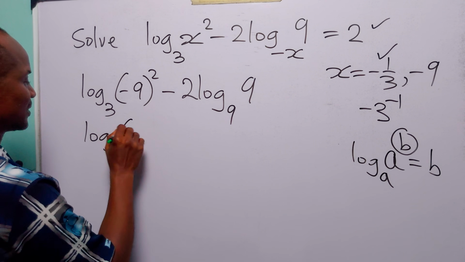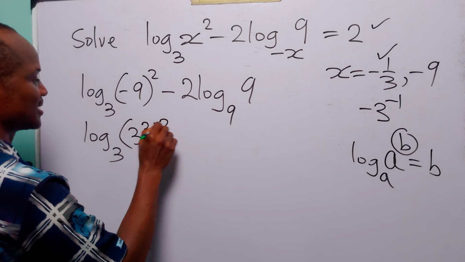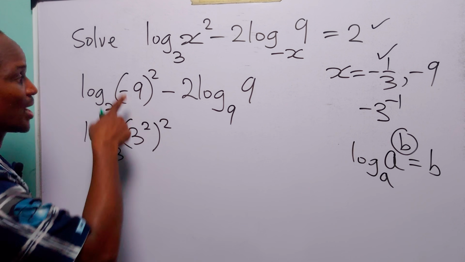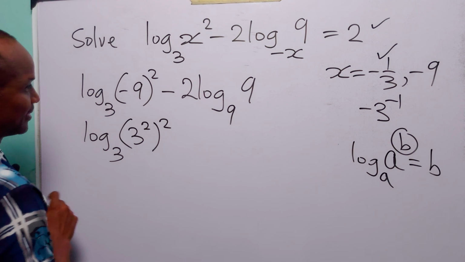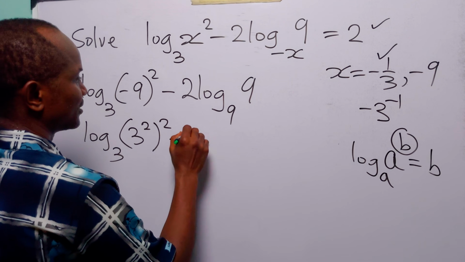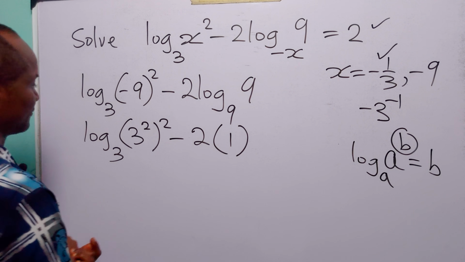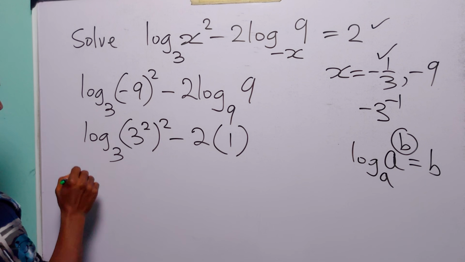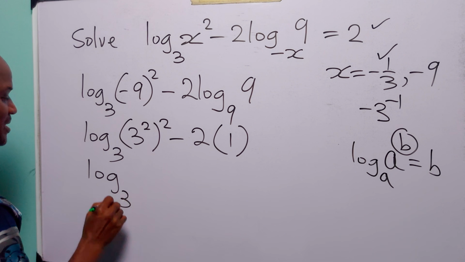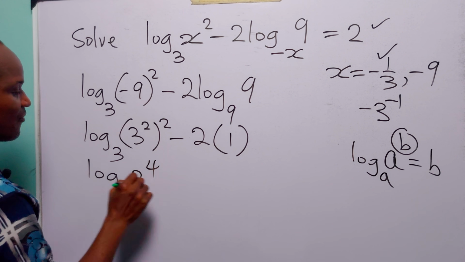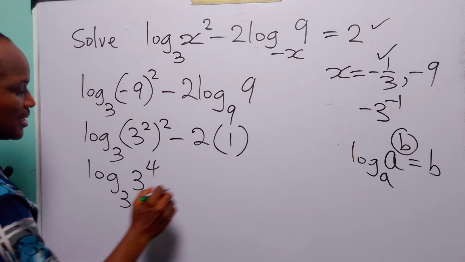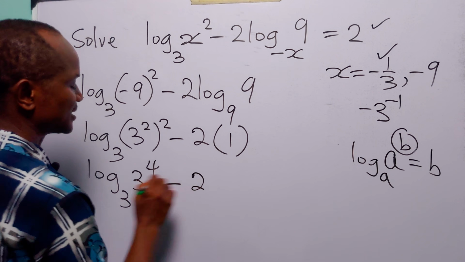And we have 3 squared squared. Of course, 3 squared is equal to 9. Here we have 2 times log₃ 9 of 9 is 1. Opening this bracket, we have log₃ of 3 to the power 4. That is 2 times 2. 2 times 1 is 2.